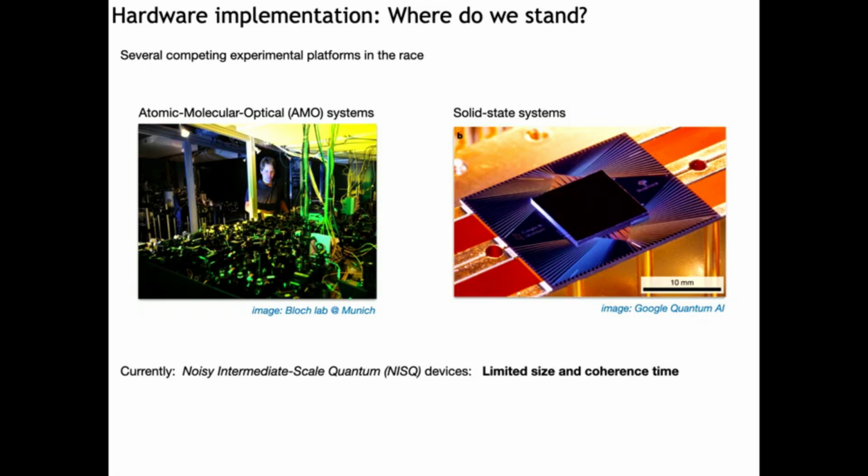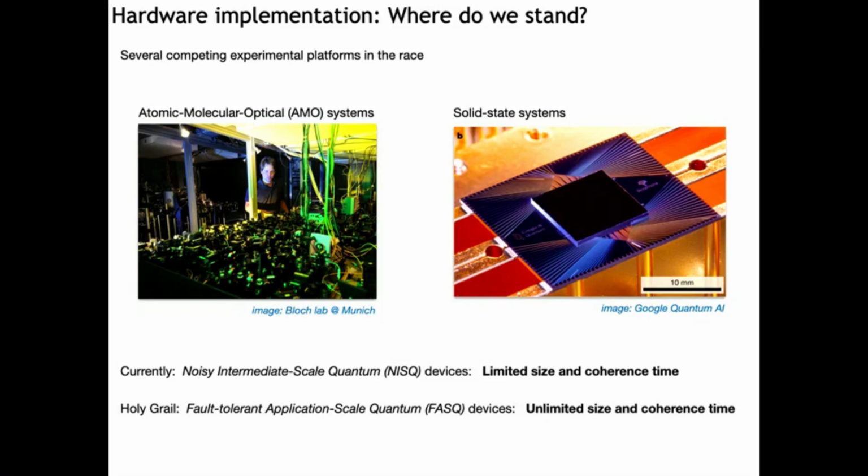Now, of course, the holy grail in the field is the development of something called a fault-tolerant application-scale quantum device, or FASQ, if you want an acronym. In this case, the idea is that we can digitize evolution and especially have a level of noise that is so low, under threshold, that one can perform efficient quantum error correction.